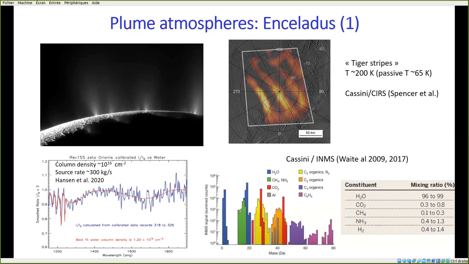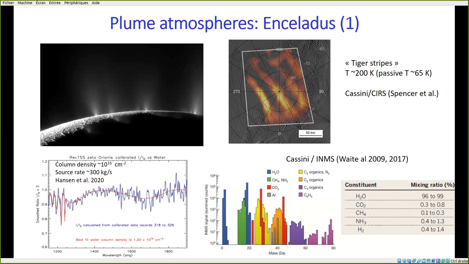One of the most spectacular results of the Cassini mission was the discovery of multiple active plumes on Enceladus. These plumes are localized in the South Polar region, and they are concentrated along 4 fractures or fissures called informally the tiger stripes.